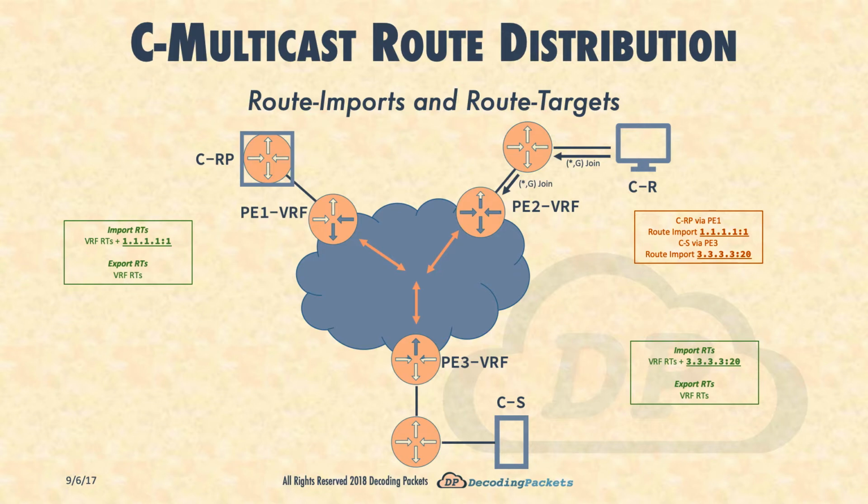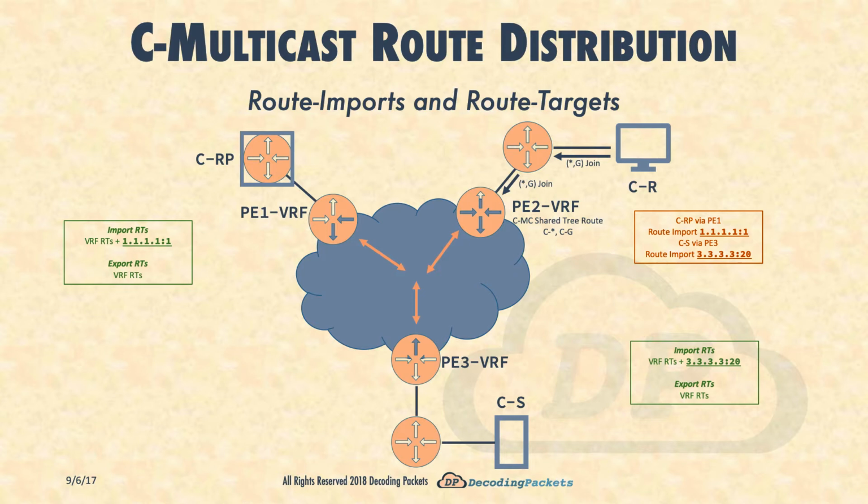So this time, the PE once again creates the BGP C-Multicast shared tree join route, but in addition to the C-star, C-G information, which is the C-RP, C-G information, it actually looks up the unicast route to the source C-RP. This is not unlike traditional MVPN because the VRF has always been looked up for RPF information.